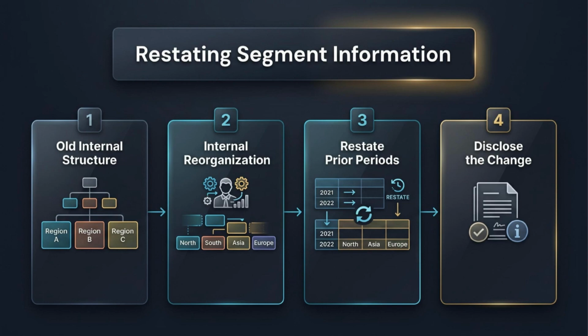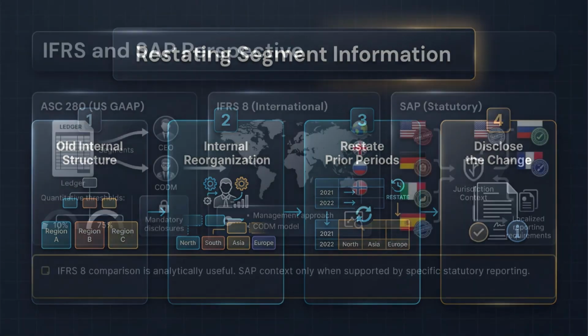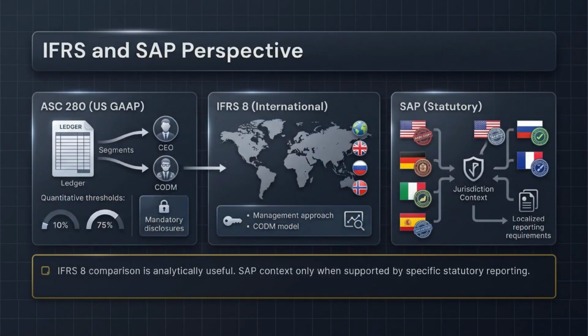If restatement is not practicable, the entity must still provide enough disclosure to explain the change and preserve usefulness. Comparability is the objective. The IFRS comparison is useful here because IFRS 8 is broadly comparable to ASC 280.